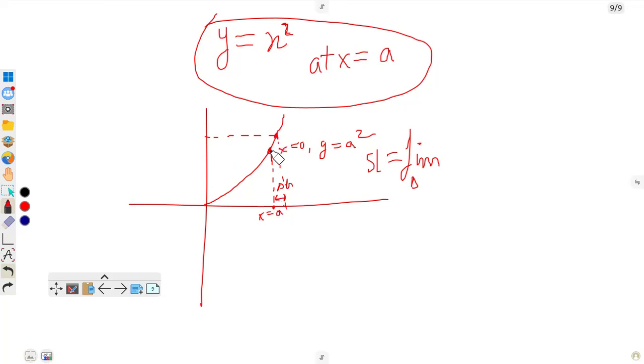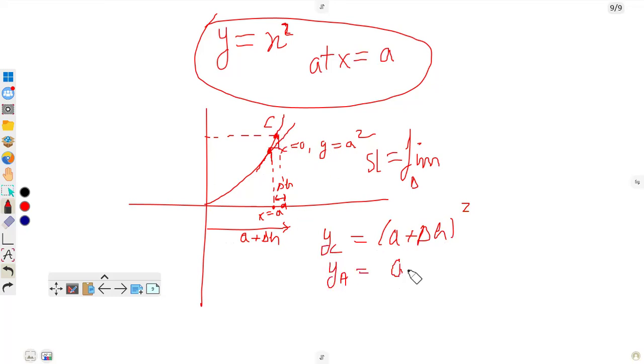We want to find the slope at this point. Take a point at a distance delta h, a tiny nudge, from x is equal to a. Due to this tiny nudge, the x coordinate is a plus delta h, and so the y coordinate of c would be a plus delta h whole squared, and y at a is actually a squared.